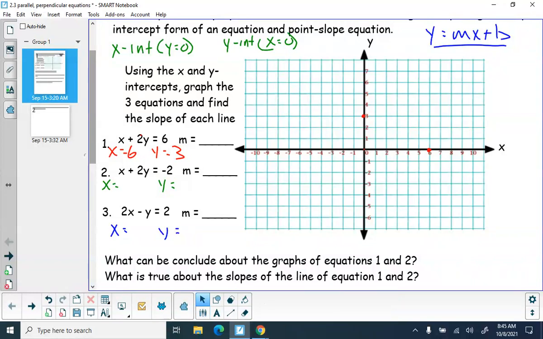Back in geometry, you learned the number of points you need to determine a line. You need at least 2 points to determine a line. That gives me my 2 points to determine this line. So if I draw my graph through these 2 points, I get the graph of the line.